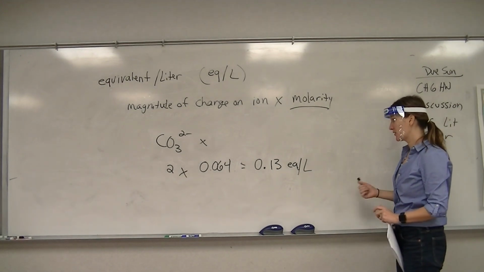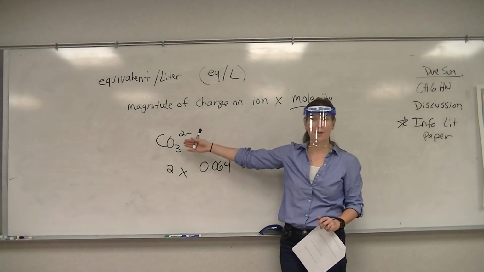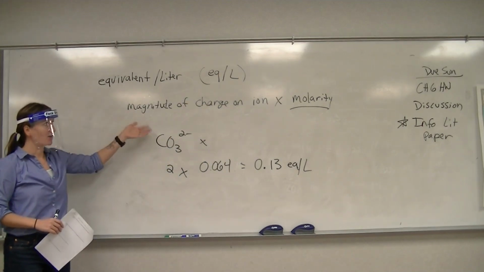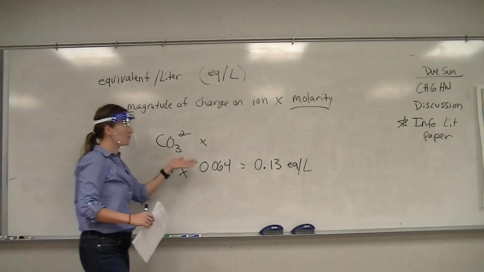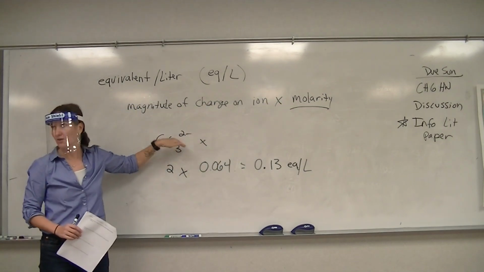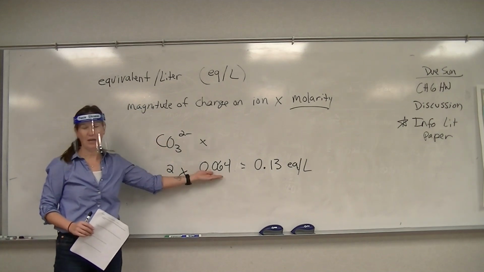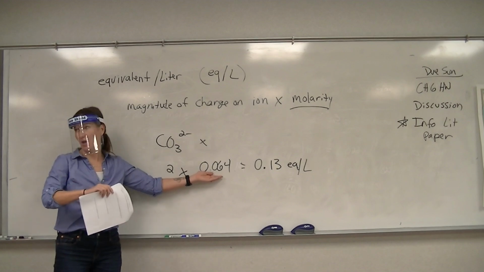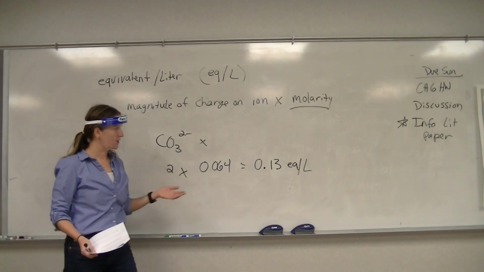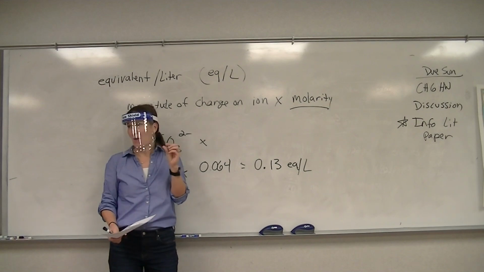You'll actually see some of these calculations in the healthcare field because ions are important. You want to know potassium levels, you want to know sodium levels, and you do a similar calculation to figure those out. You take the concentration of the sample, whether it's blood, urine, something like that, and multiply it by the charge on that ion. Potassium would be a +1, so you would have a 1 here, and then whatever the concentration of those potassium ions in the sample you're looking at. Usually in the healthcare field, it's milli equivalents, MEQ, because we're looking at very small amounts.